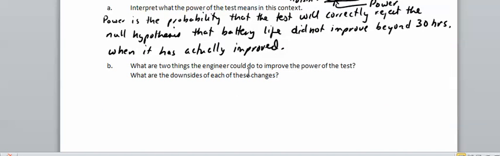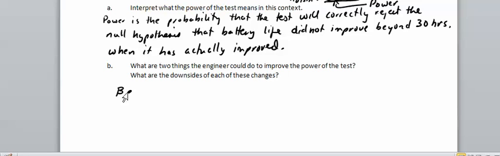What are two things that we can do to improve the power of the test? Okay, so remember that there are actually three things, or four things, that impact the power of the test.